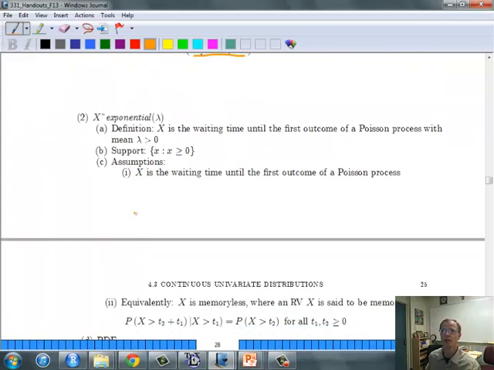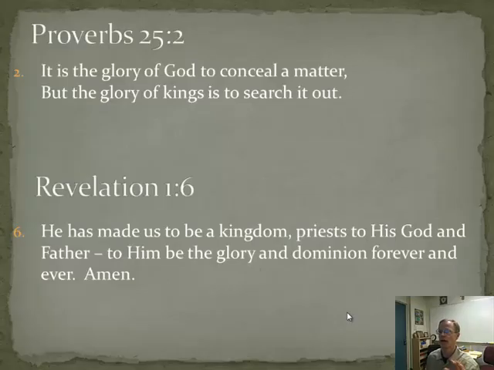Now the second one is really interesting, and as we get into this, I want to make a preface remark. I've got a passage I'd like to read, Proverbs chapter 25, verse 2. It is the glory of God to conceal a matter. It is the glory of kings to search it out.